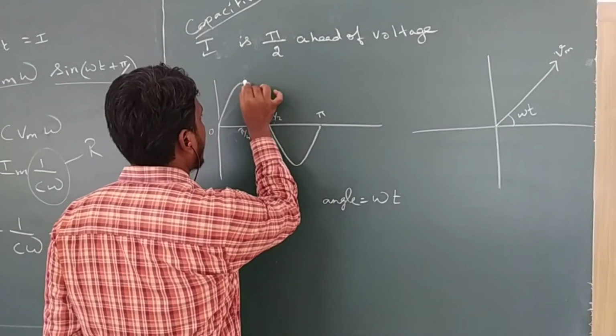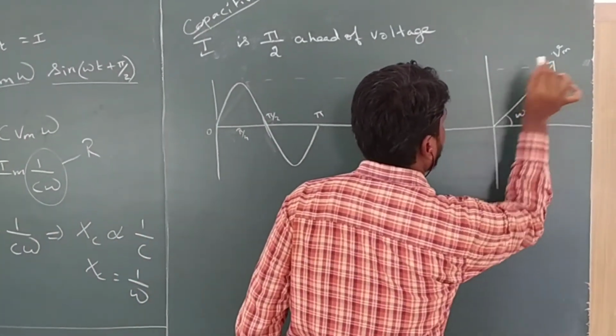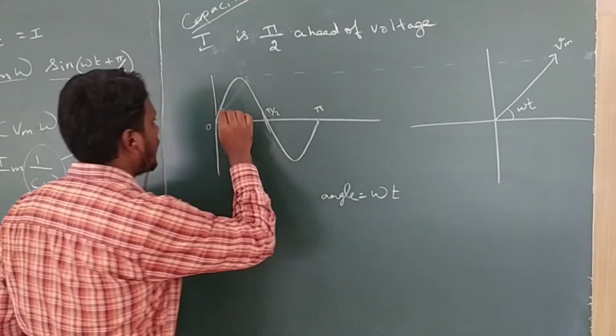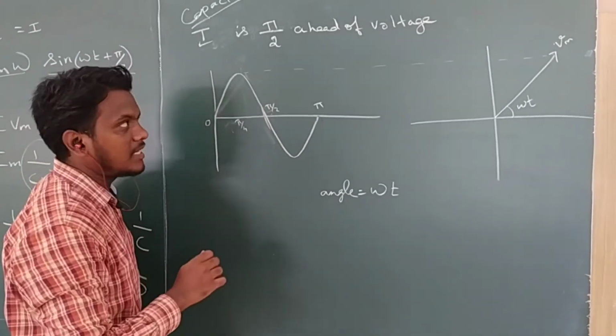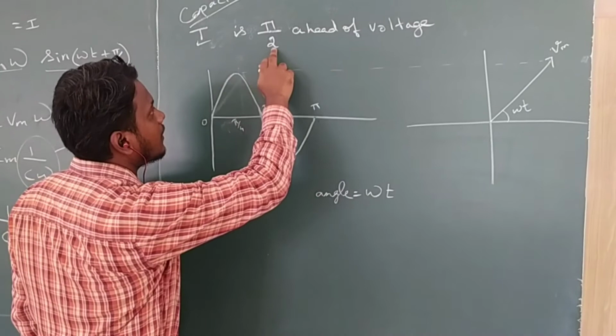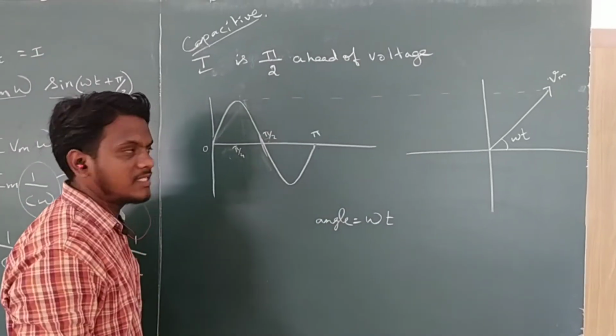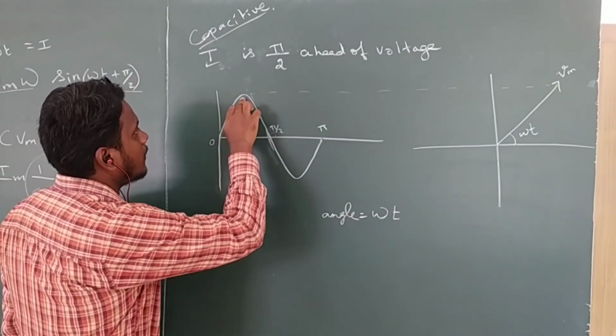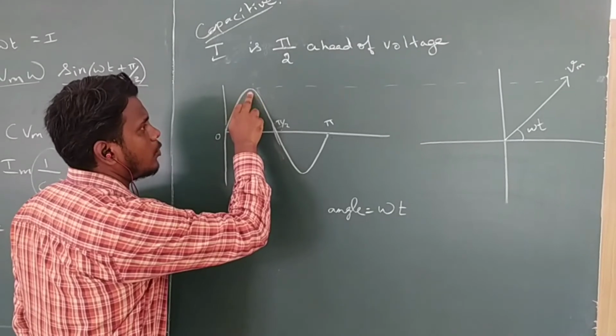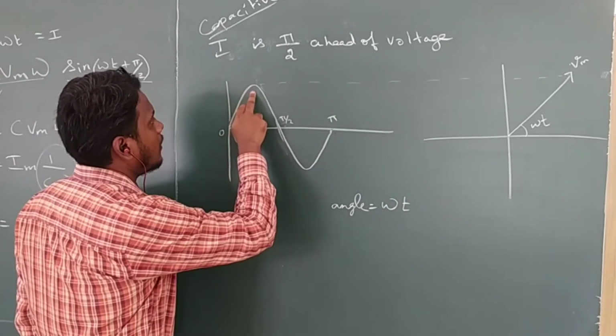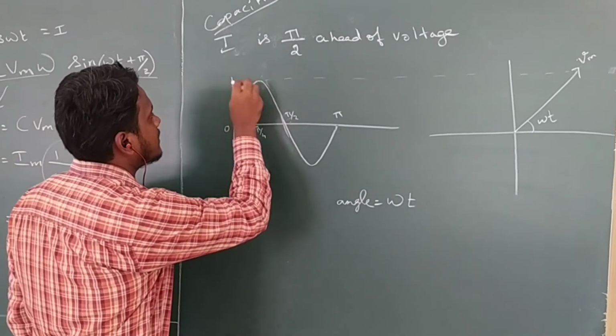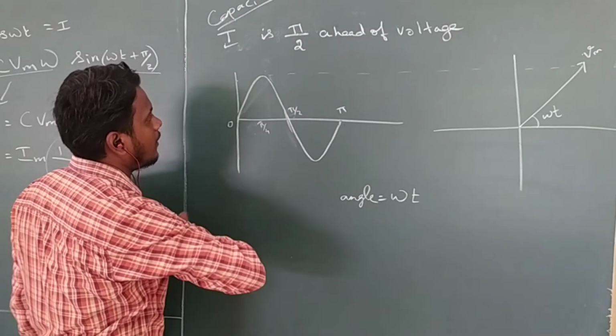So if I relate the magnitude of Vm, how can I represent the magnitude of the current? The current is pi by 2 ahead of voltage. That means that if the maximum value of Vm is attained at 90 degree, then the maximum value of I is attained at 0 itself, right?